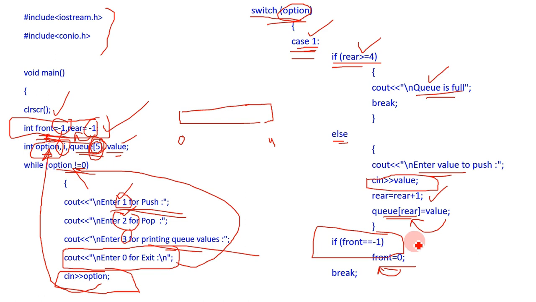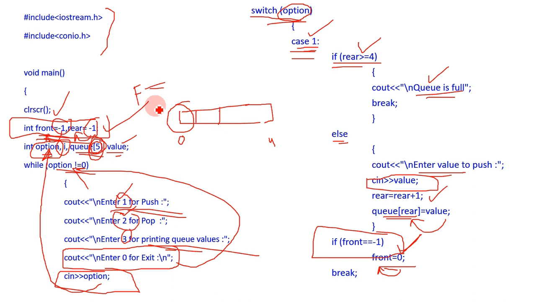It means that when you insert a value for the first time, a value is now there in the queue, and if you want to delete that value, you can. So when you insert the first element into the queue, the front will be assigned 0.